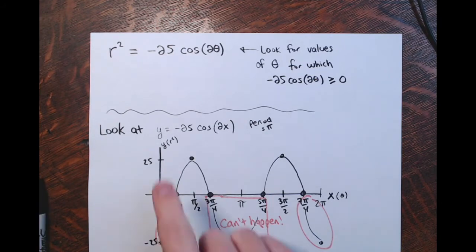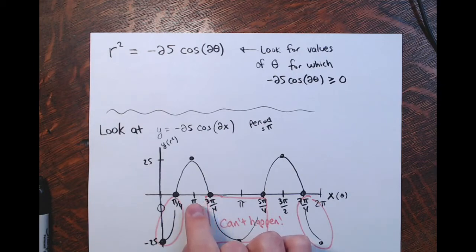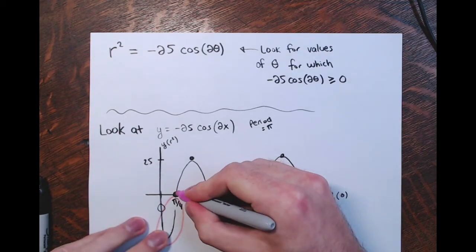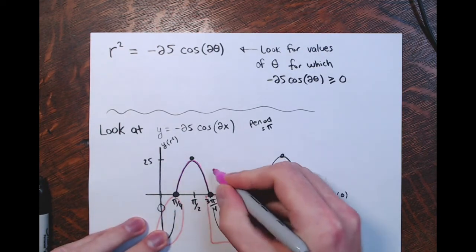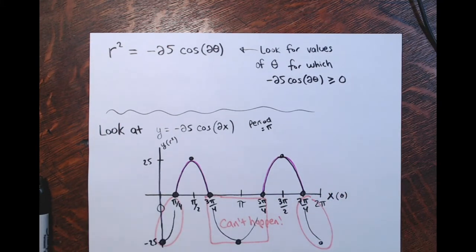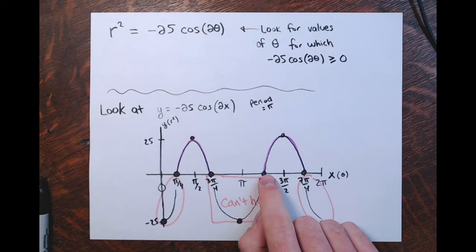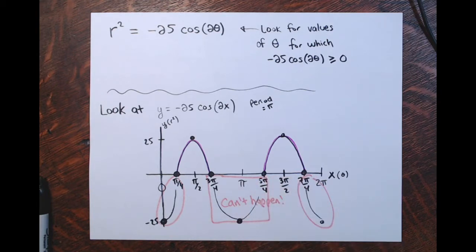So the only allowed values of theta are where the outputs are positive, this part of the graph, and this part of the graph. So the only allowed values are between pi over 4 and 3 pi over 4, and between 5 pi over 4 and 7 pi over 4.